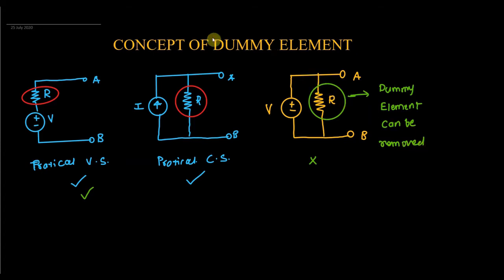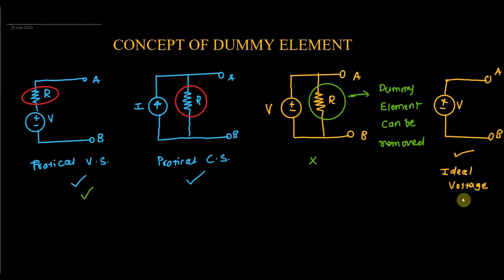So when we remove that resistance, what will be our answer? We will see it like this. Your answer is like this. This is B point and this is A point, plus minus V. I have removed this, and this will now be the correct answer, and you can see that this source is called an ideal voltage source.